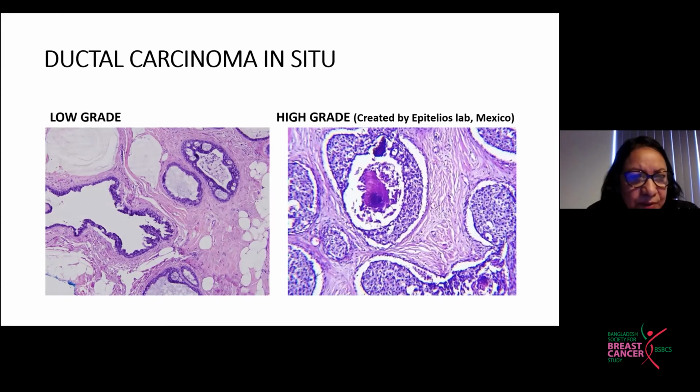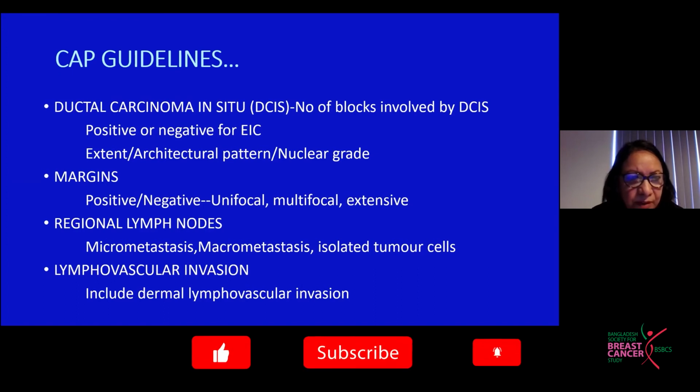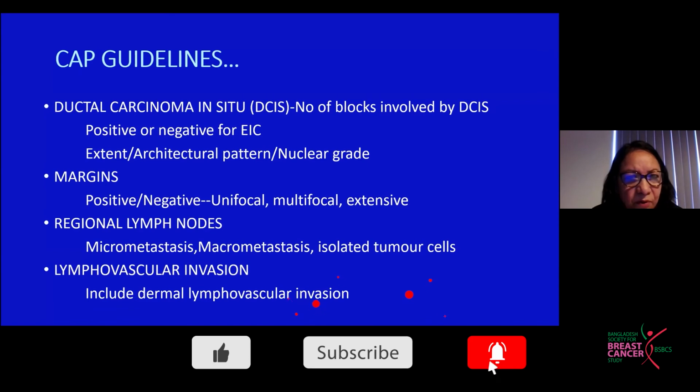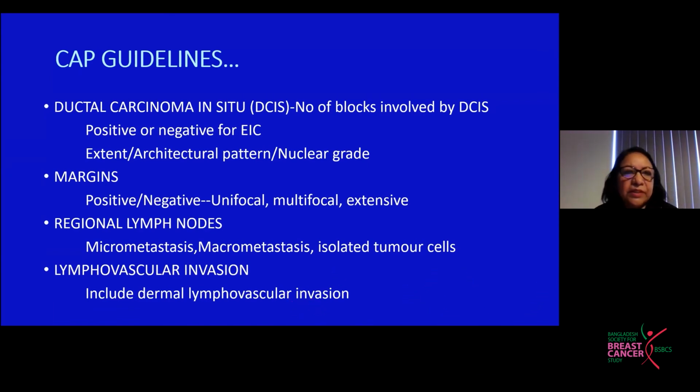Now coming to the DCIS more elaborately, we have to examine the number of blocks. We have to count the number of blocks we have examined, and then we count the number of blocks having DCIS in it. And also we look for the presence or absence of EIC, which stands for extensive intraductal component or extensive DCIS.